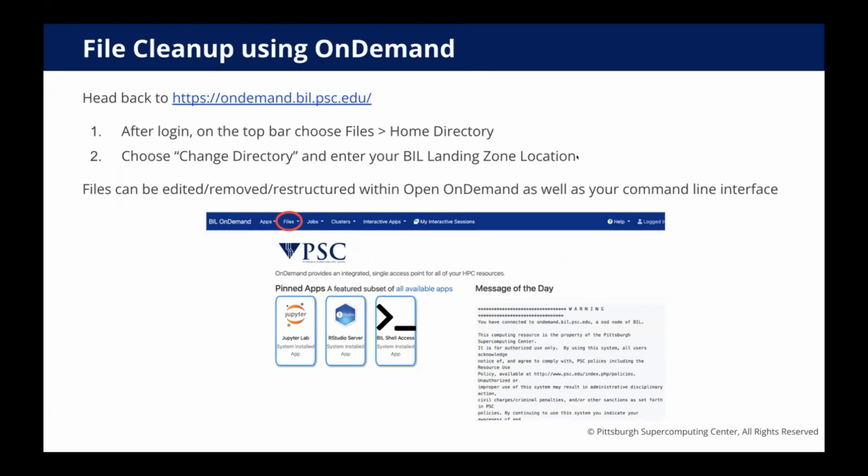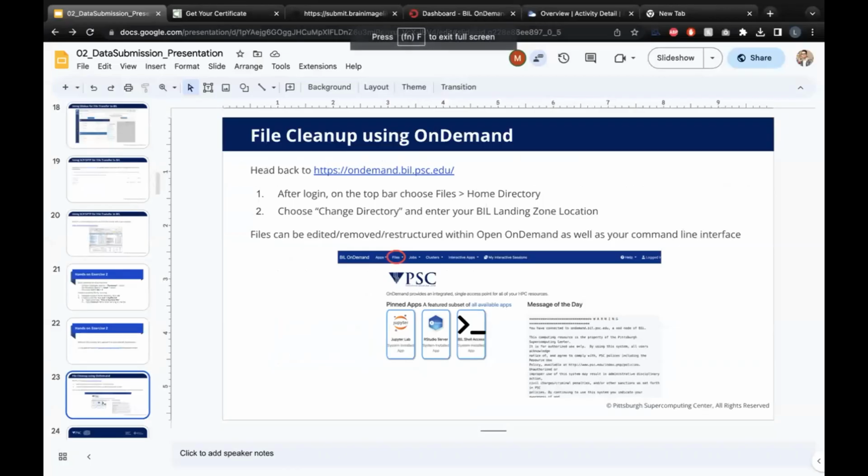You can also access these files through the command line if you like. Within your command line, you can run an SSH command, which will route you into the BIL VM. Oh, I'm sorry, I'm not sharing the correct screen.